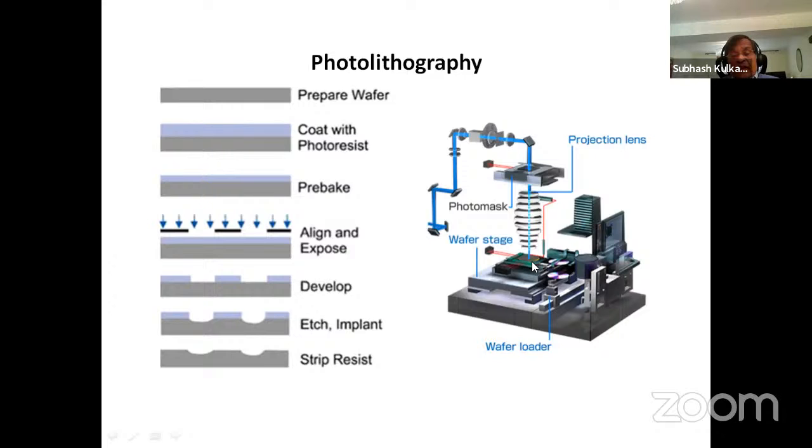This wafer moves in an XY stage, and die by die, you print them, and the entire 300 millimeter diameter wafer is exposed in this fashion. Here is your cassette in which all the wafers are loaded. So this is automatic operation. Wafers just keep on going through the machine.